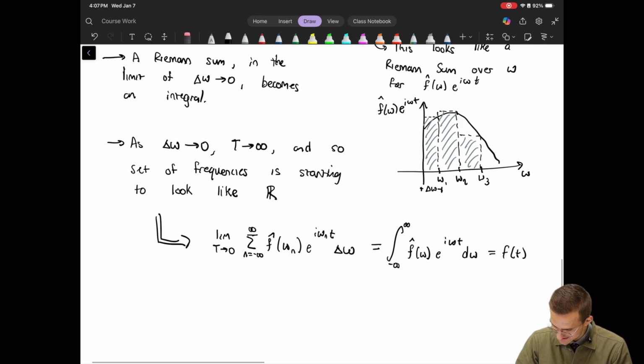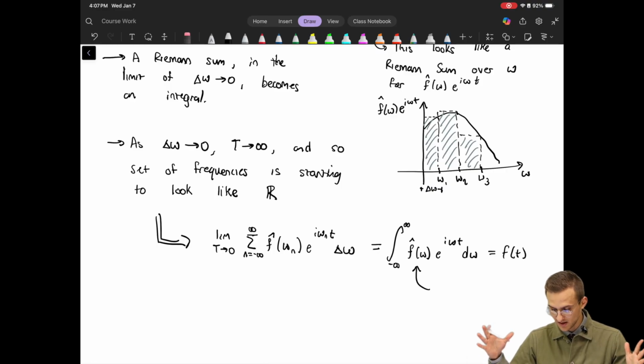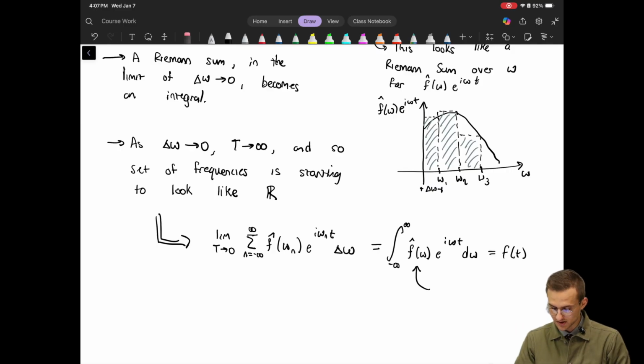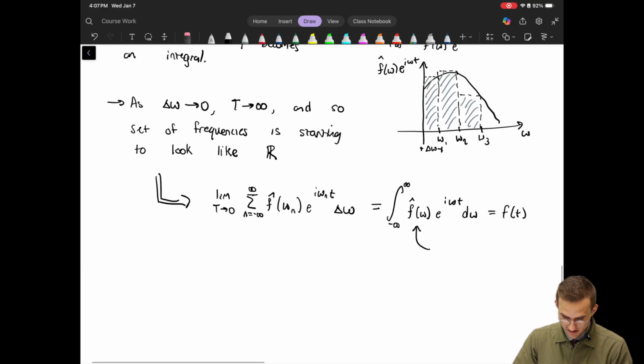And this thing that has resulted as we took this limit, making the frequencies we were summing over closer and closer together, is the Fourier transform of f of t.